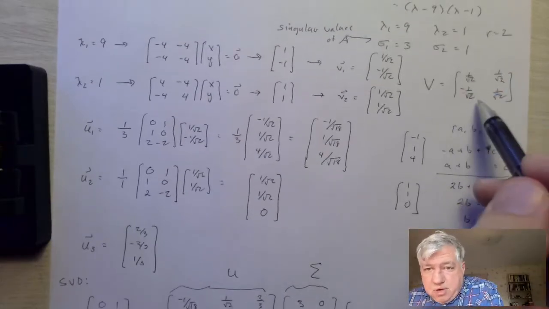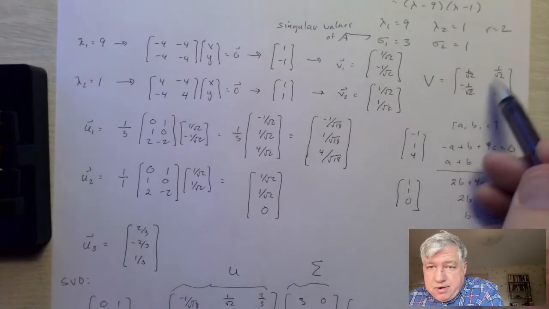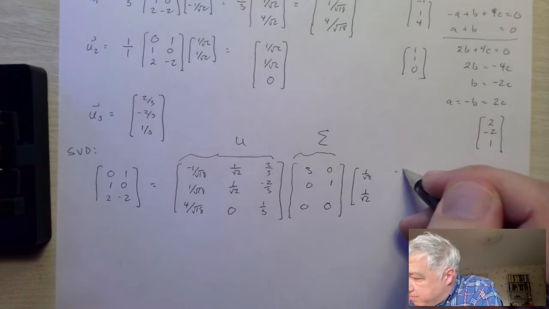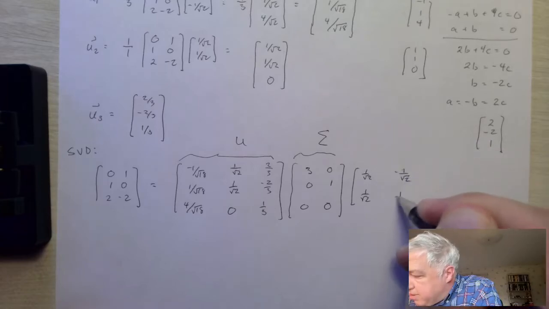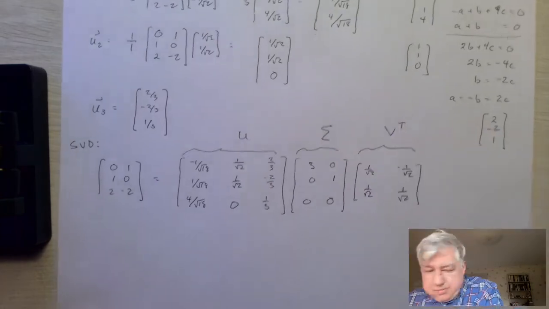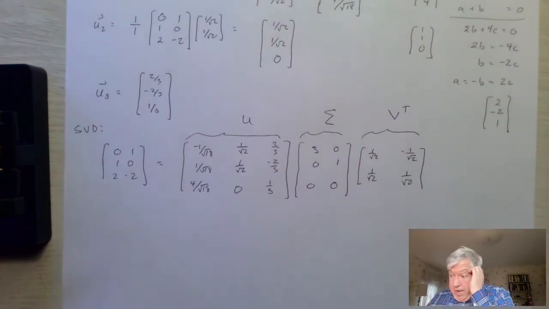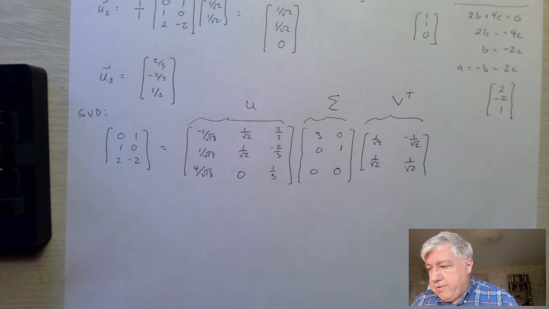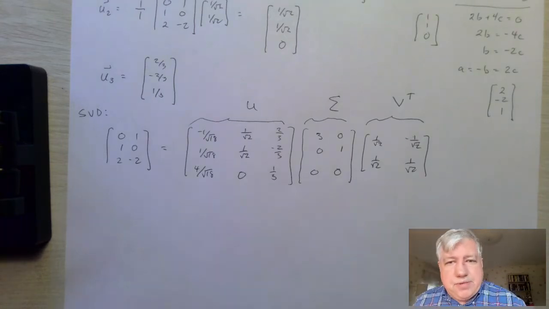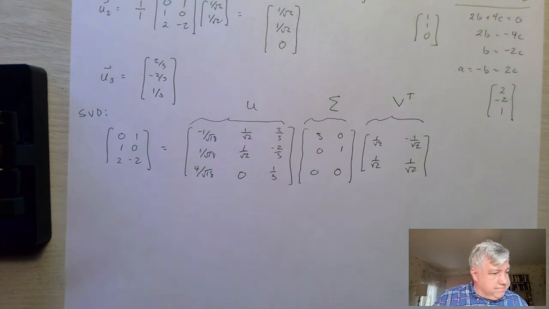The transpose is almost the same, it's just that these two elements are interchanged. So this is 1 over square root 2, 1 over square root 2, -1 over square root 2, and 1 over square root 2. And this is V transpose. Okay, and believe it or not, that's the decomposition. If you multiply this out, this does work.